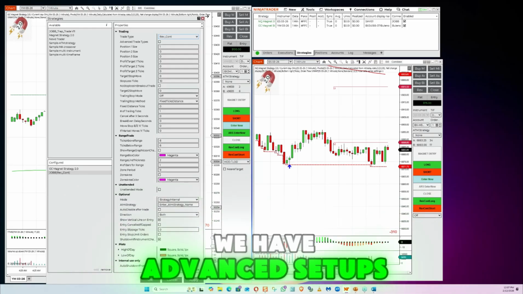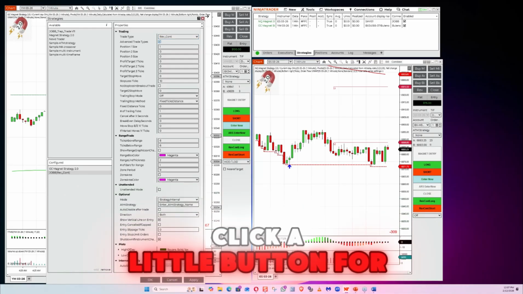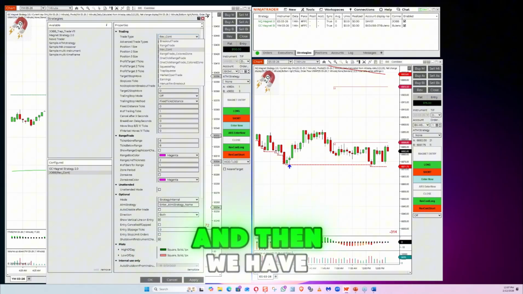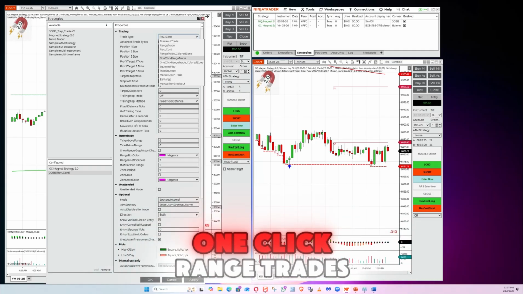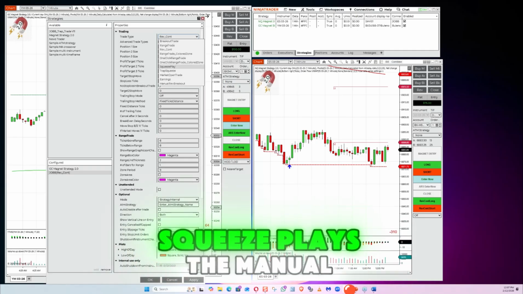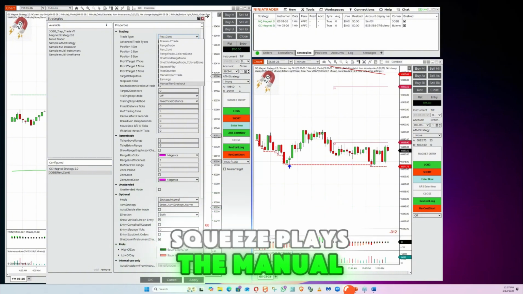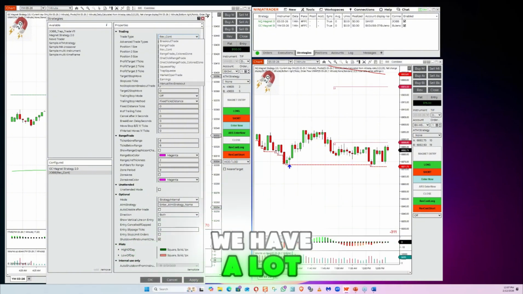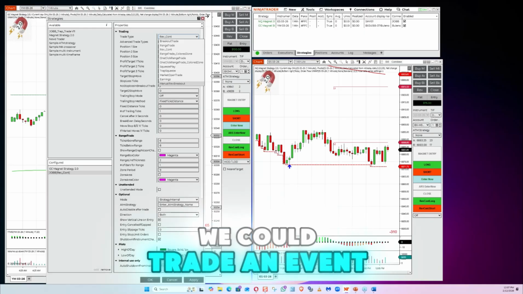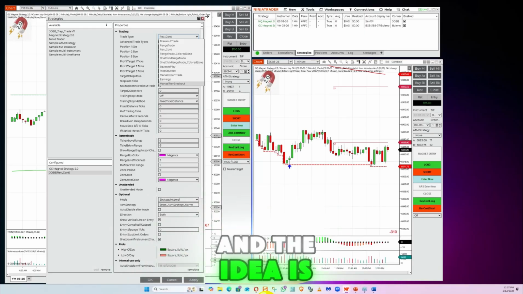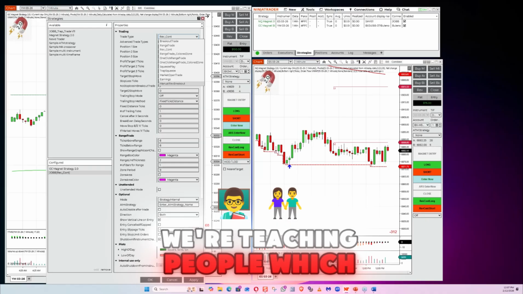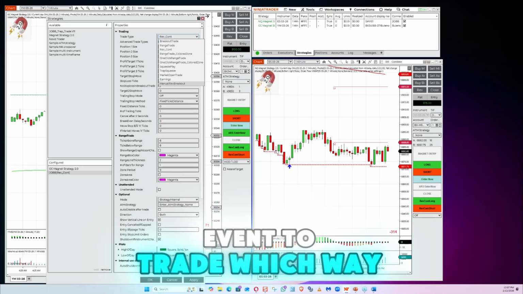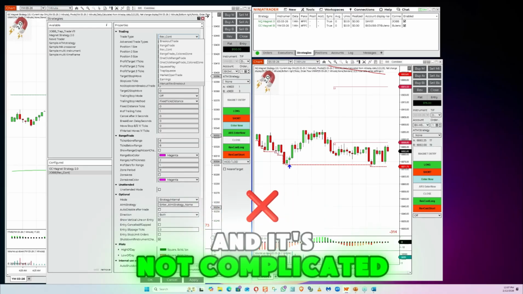We have advanced setups. Click a little button for advanced trades, and then we have one-click range trades, squeeze plays, the manual reverse breakout. We have a lot of different ways that we could trade an event, and the idea is we're teaching people which event to trade which way. And it's not complicated.